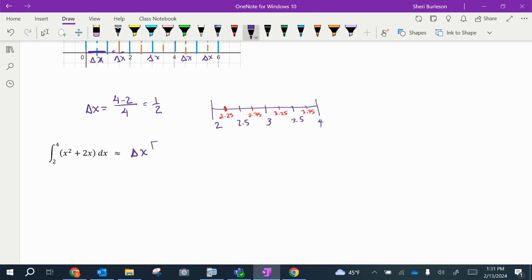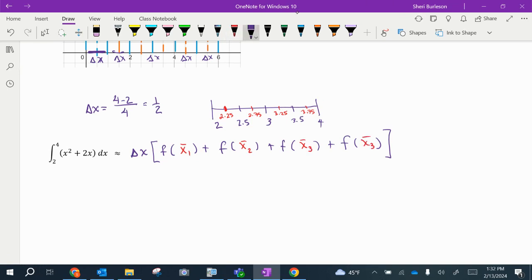So what we're going to now do is multiply delta x times f of, we have 4 intervals. So I have 4 function values, 4 heights. The width is delta x. And what I'm taking these of is my midpoints, or the average x value over that interval.